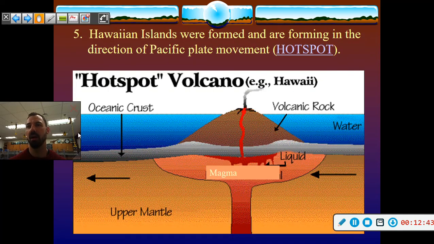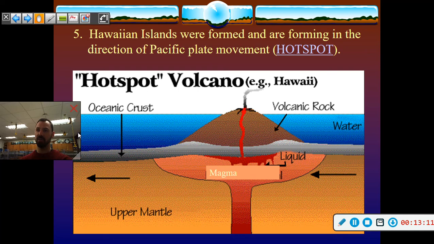Okay, this is what we call a hotspot. The Hawaiian Islands were actually formed this way, and that's just one of many island chains throughout the world that were formed this way. Basically, a hotspot is a weak point in the crust where the magma pushes through, and it keeps erupting over time, and it can grow into a mountain range that can come out of the ocean.